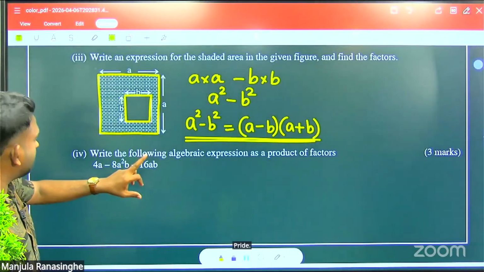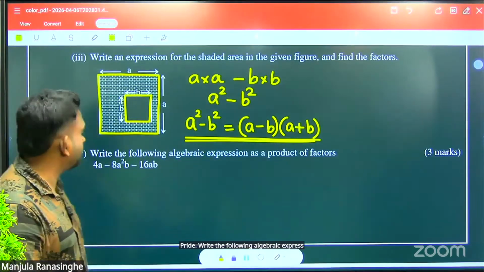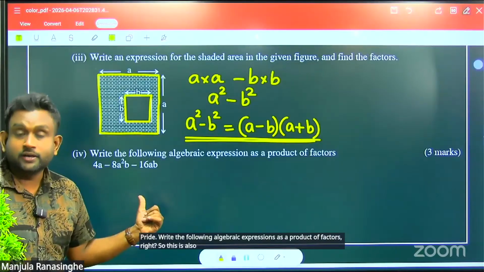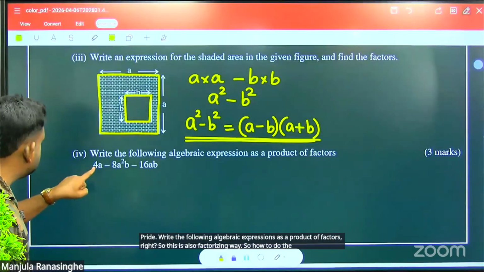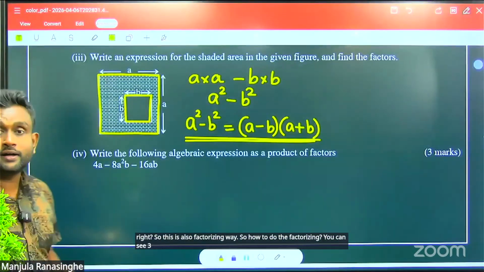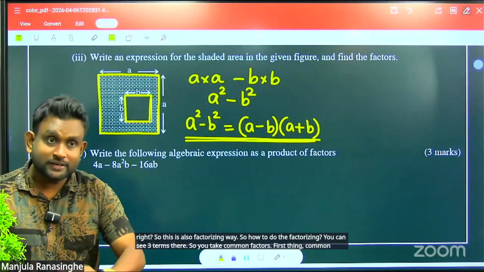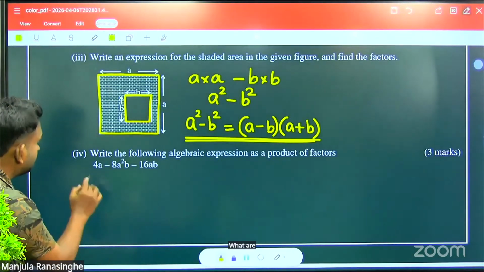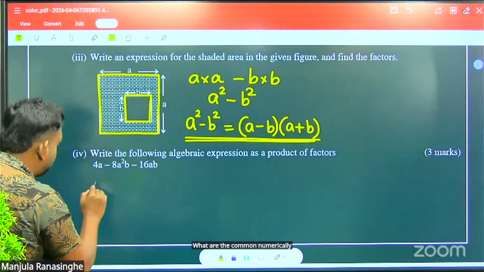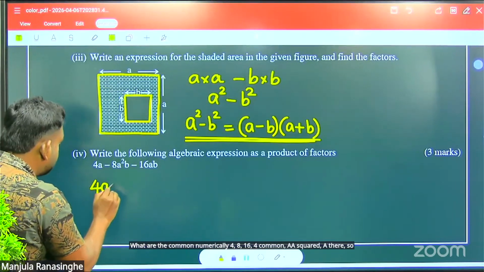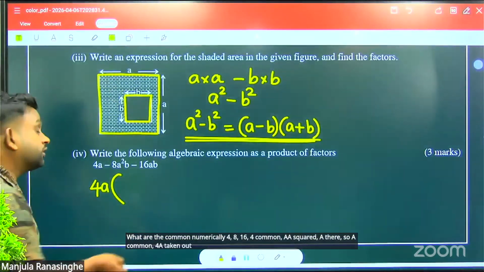Write the following algebraic expressions as a product of factors. This is also a factorizing way. How to do the factorizing? You can see 3 terms there, so you take the common factors. First the common factor, then see the others. Numerically 4, 8, 16: 4 is common. A squared, A, so A is common, 4A taken out.